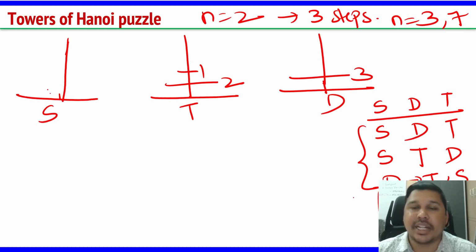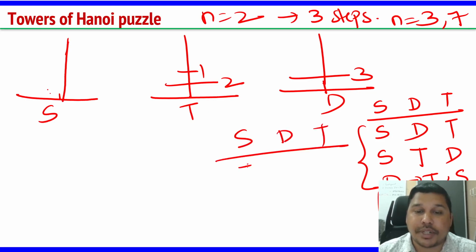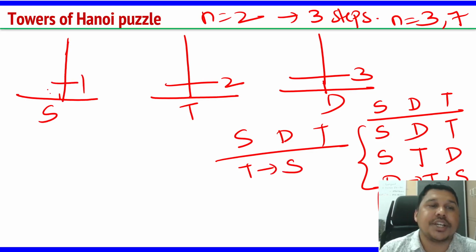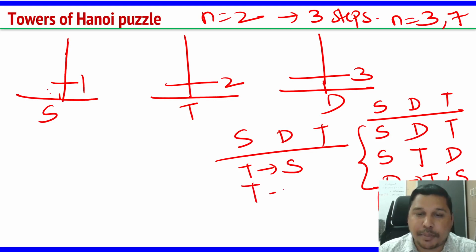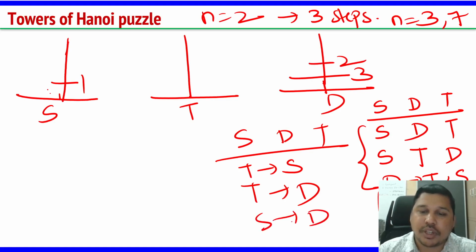This is the middle step. Next, now what is your SDT? Continuation of that. Now from temp to source you are putting 1 here. Then temp to D you are putting. So you are taking away this here. Then again source to D.